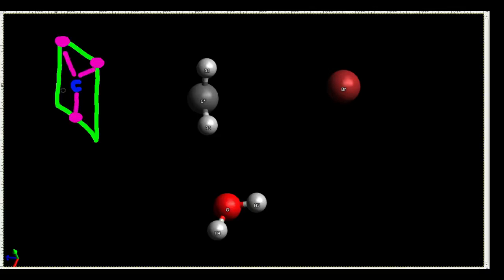Now, because this is a planar molecule, the water molecule, which is acting as a nucleophile, can come from both sides of the plane.